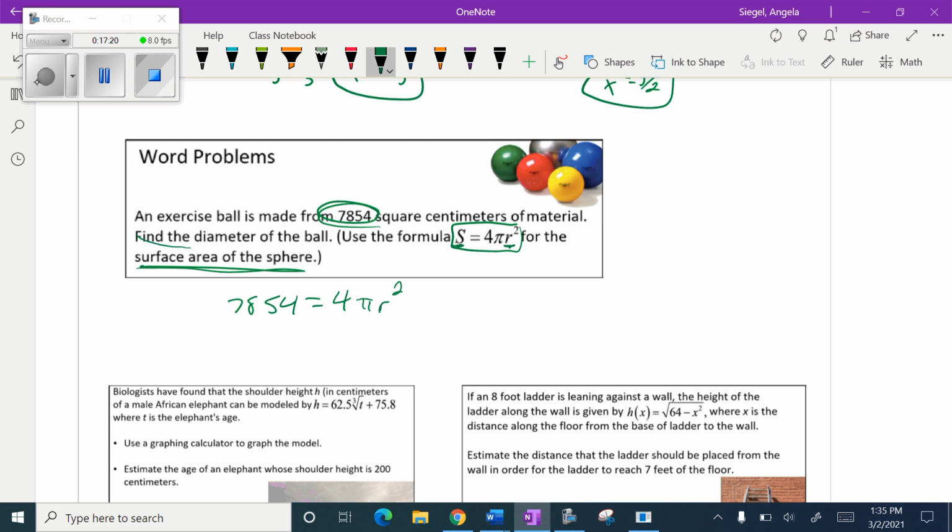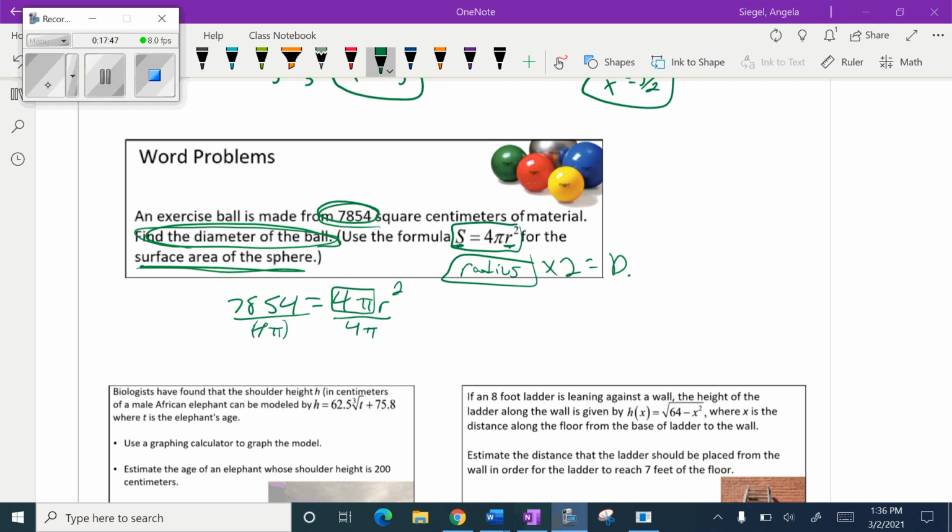It says find the diameter of the ball. So I bet R is going to be the radius. Once we find the radius, we just need to multiply times 2 to get the diameter. Okay, so let's see. I want to get R squared by itself, so I'm going to divide by 4 pi. Be careful if you're typing this in your calculator. You might need some parentheses there.